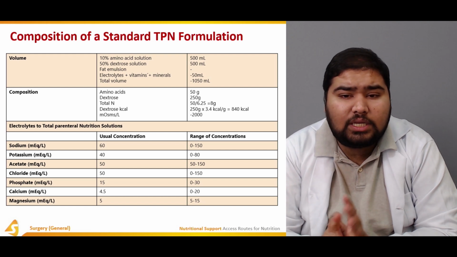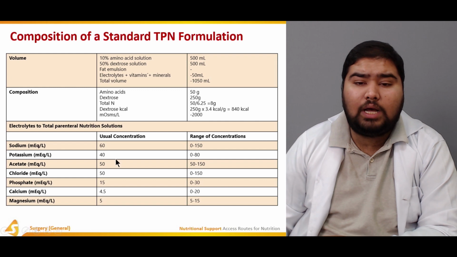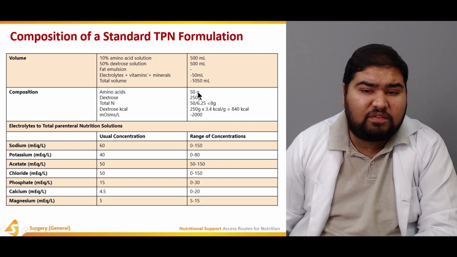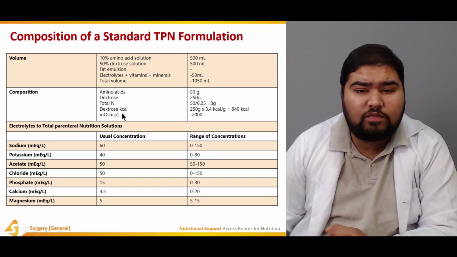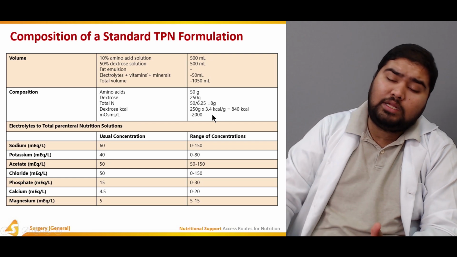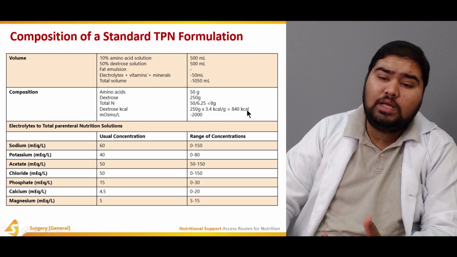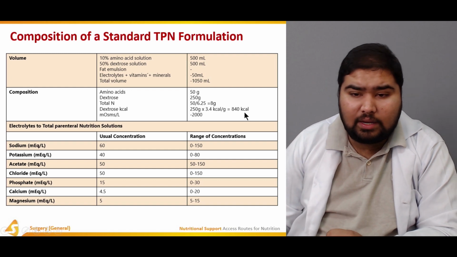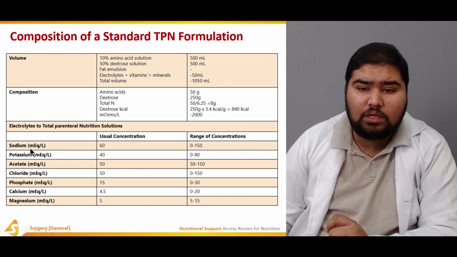Now the composition in grams includes the amino acids, which are 50 gram, dextrose, which is 250 gram, and total nitrogen is about 8 gram. Now the energy from dextrose is 840 kilocalories, and the total is about 2000.